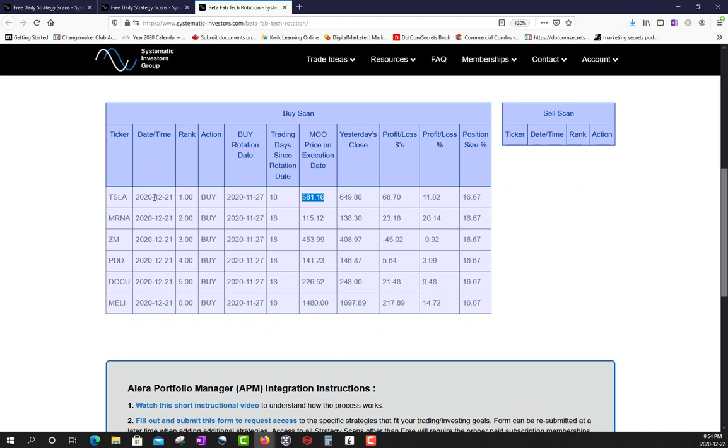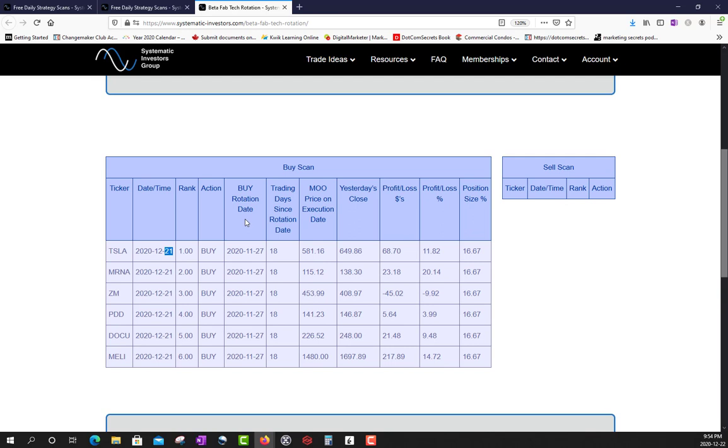This will update every day. So tomorrow this will show 2020 12 22. It'll show what the closing information was of the close of today, which is December the 22nd. So it's important to note that even though this is a monthly rotation strategy, and it's usually only actionable once a month, it's probably good to just bookmark this page.